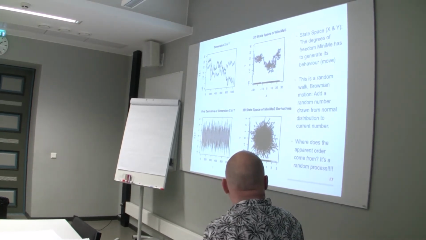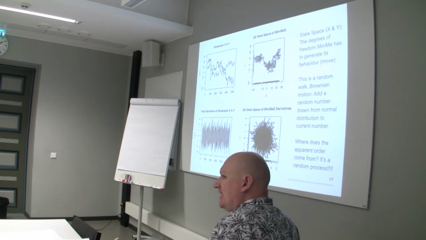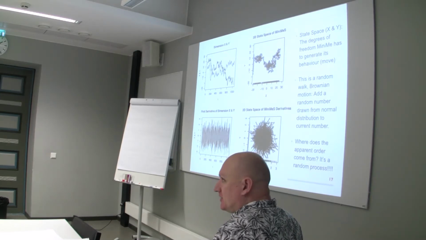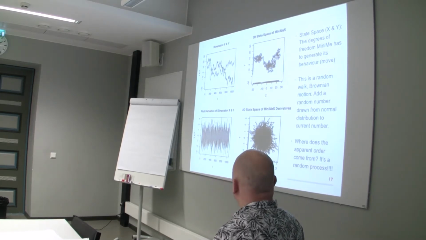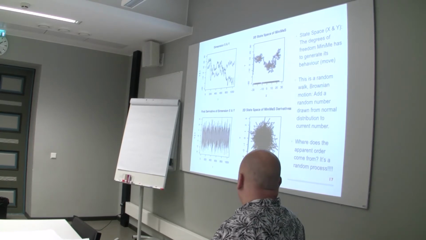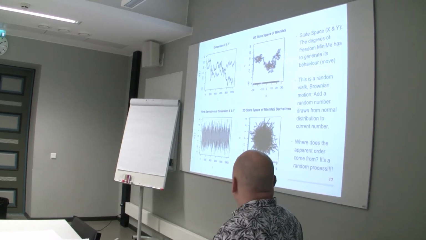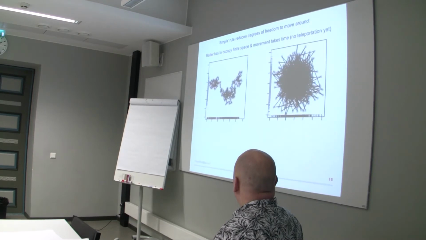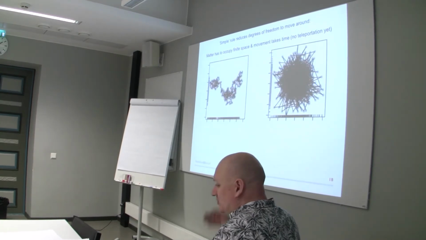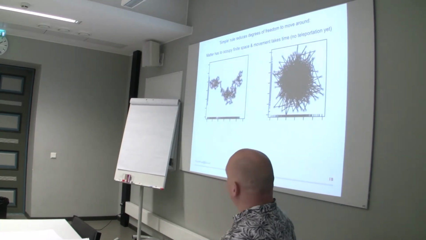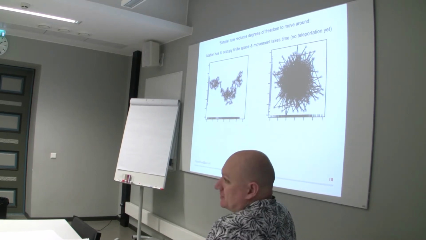Where does this apparent order come from? Because essentially, it's a random process. Well, it's just the fact that this system, whether it's a particle or a robot or whatever you want, has to occupy space.